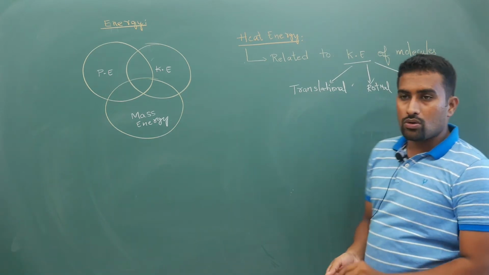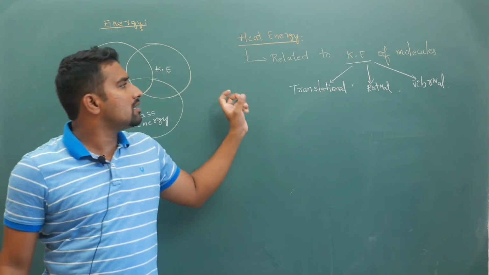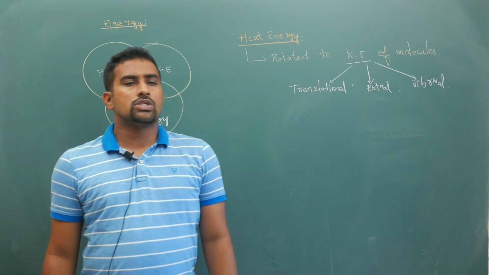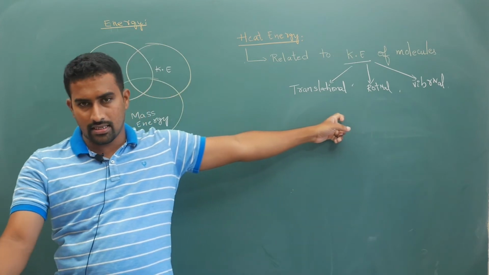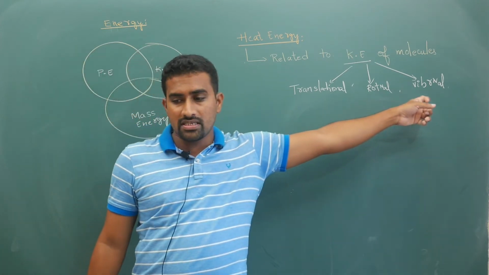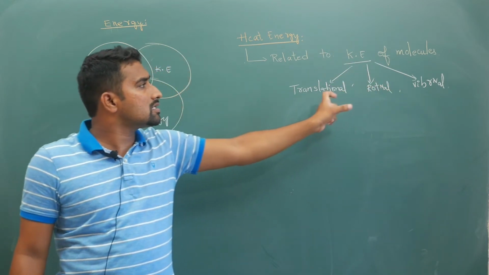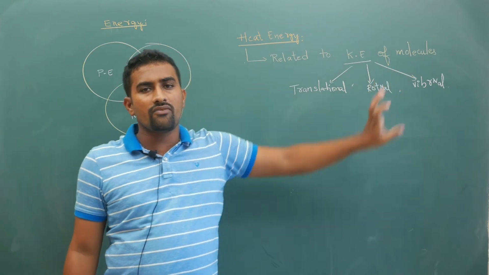So for any heat energy you name, for now it is a term related to the kinetic energy of molecules, which will be translational, rotational, and vibrational kinetic energy. In our energy diagram, heat energy will come under the kinetic energy of molecules.